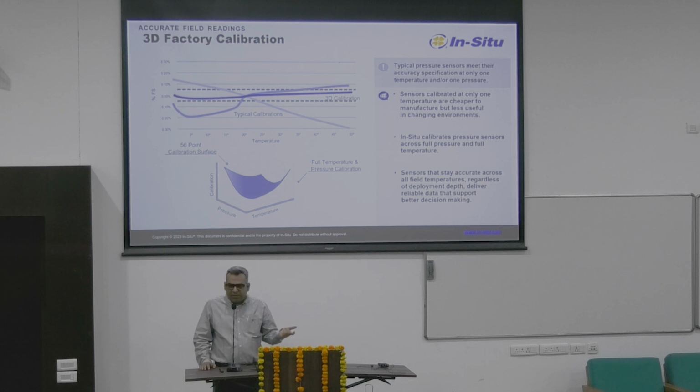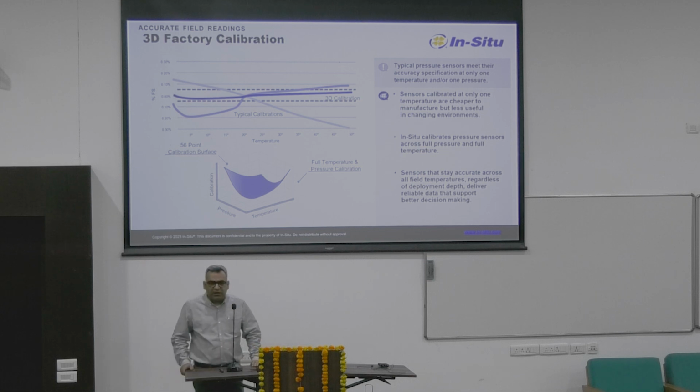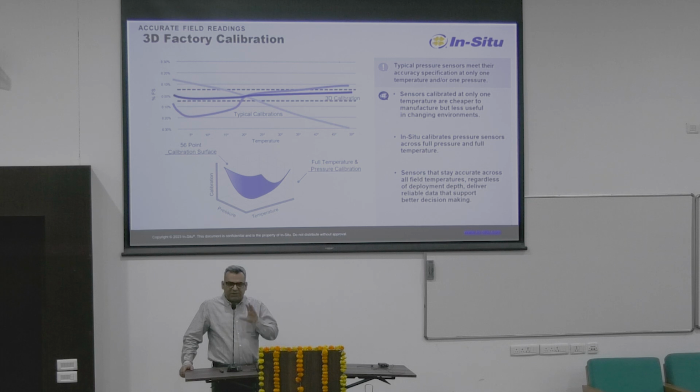We are based in Fort Collins, which is a colder place, and even at high sea level. But when we use the same instrument here in India, it's a different environment. So to ensure that my instrument works in the field, we do all these 3D calibrations of every instrument within the factory.